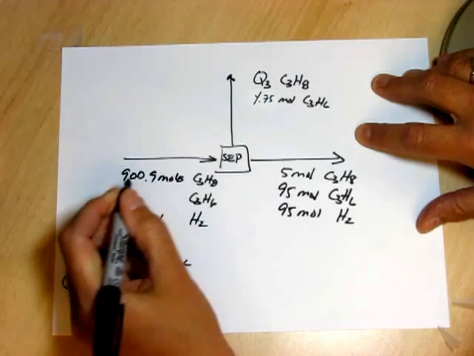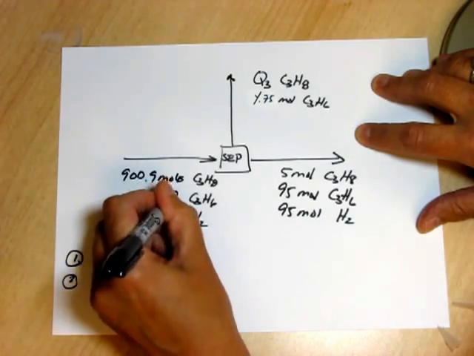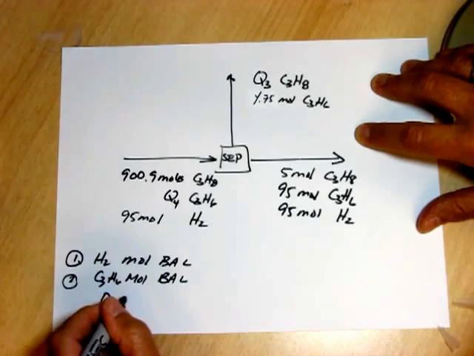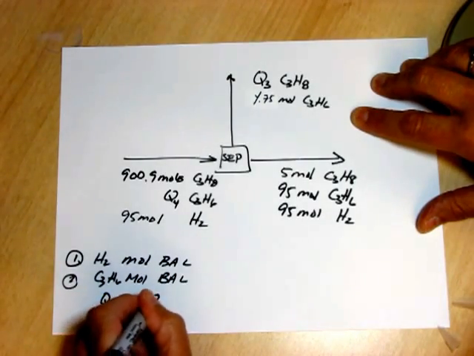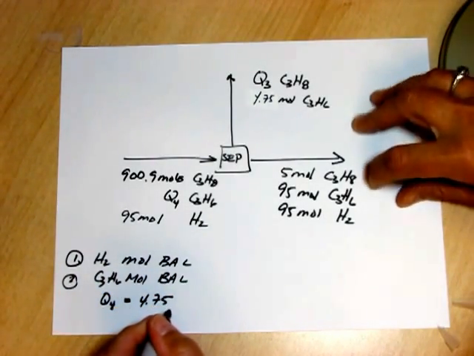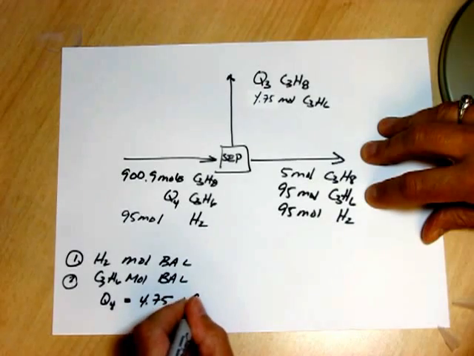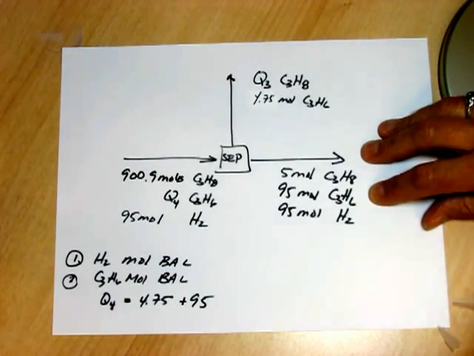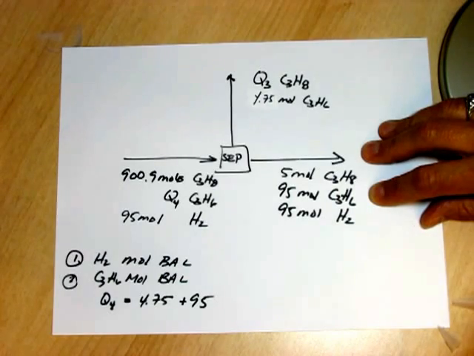In is, let's say, Q4. Q4 in equals 4.75 out here and 95 out there. And the two together give us our final number.